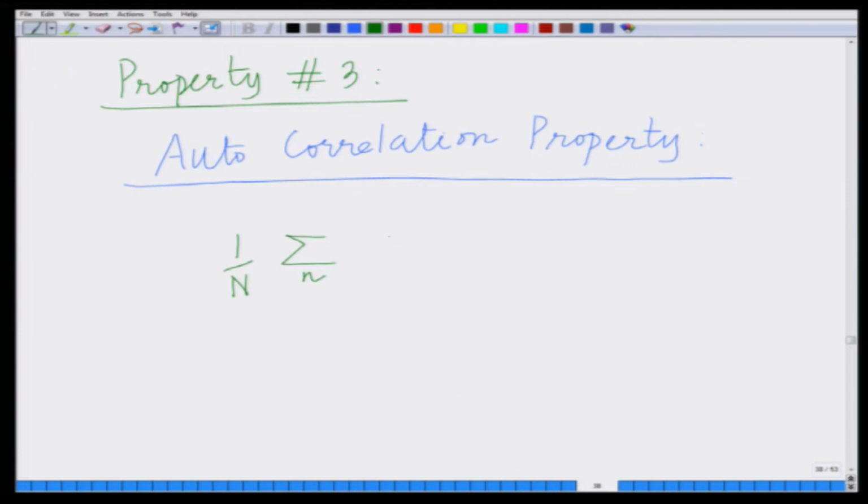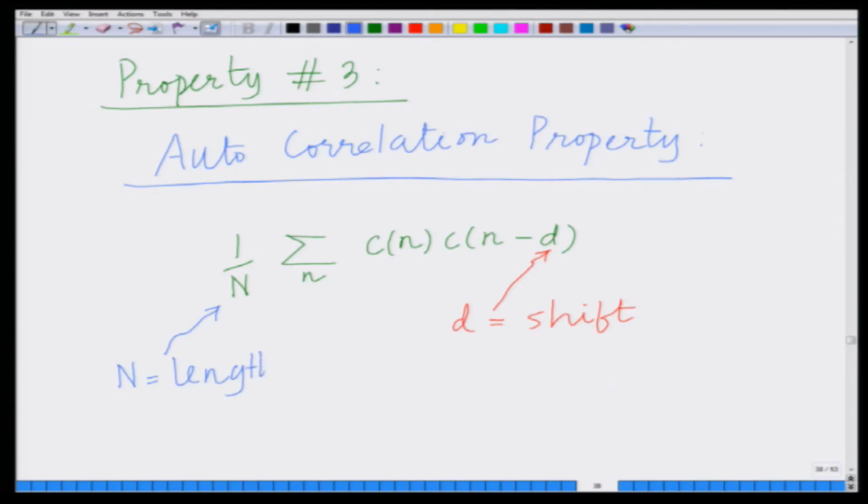and the autocorrelation of the PN sequence is defined as 1 over N summation over n of C of n times C of n minus d, where this quantity d is the shift, and this quantity capital N is equal to the length of the PN sequence.